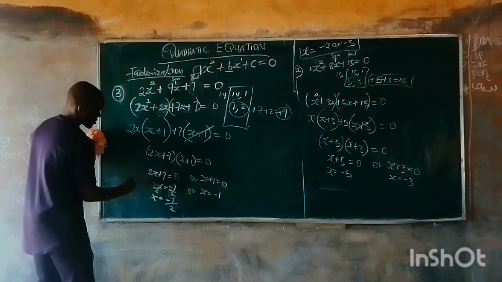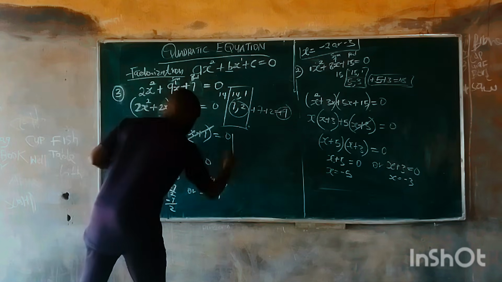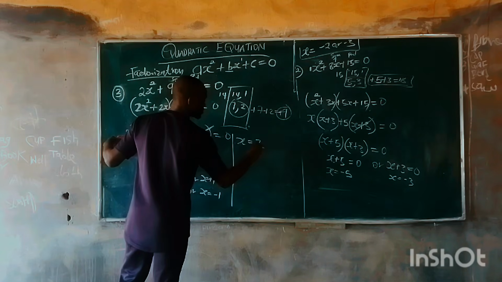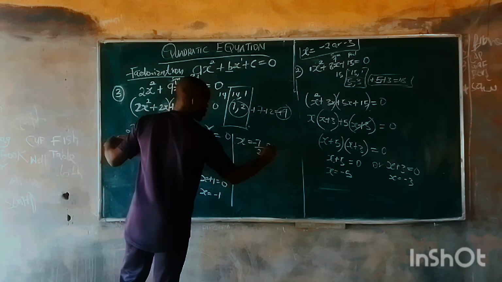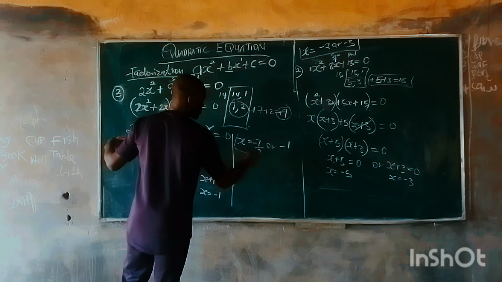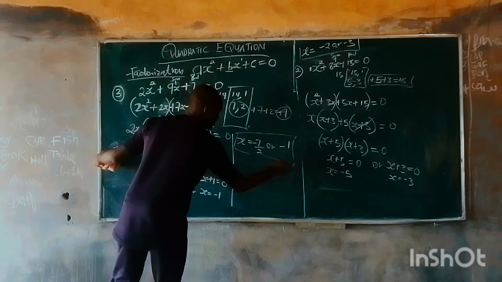Finally, we have that x is equal to minus 7 over 2, or x is equal to minus 1. These are the two values for x in this quadratic equation.